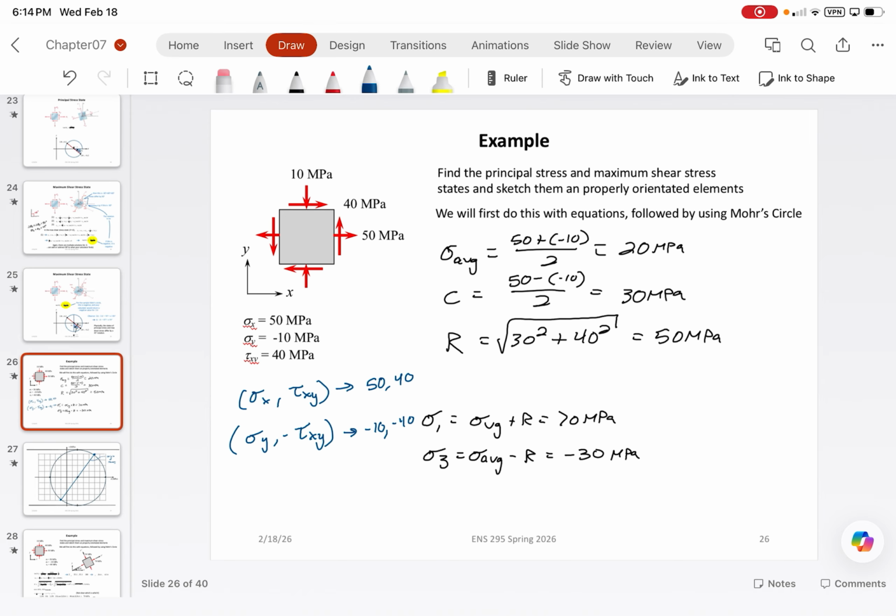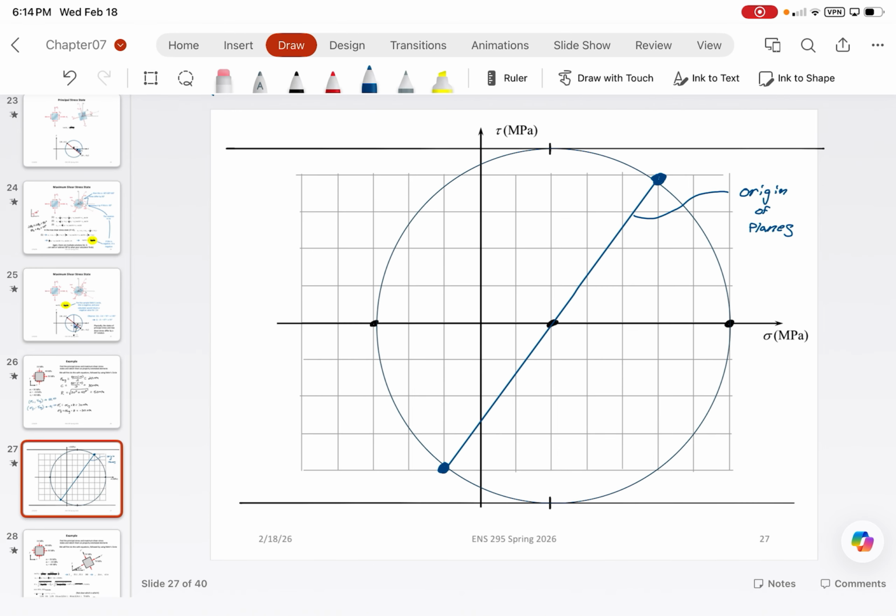All right. And then from there, we could basically figure out everything else. This angle here would become 2 theta p. If we wanted to figure out the angle we needed to rotate this block, this would become 2 theta s. And you can basically plot out everything from there.